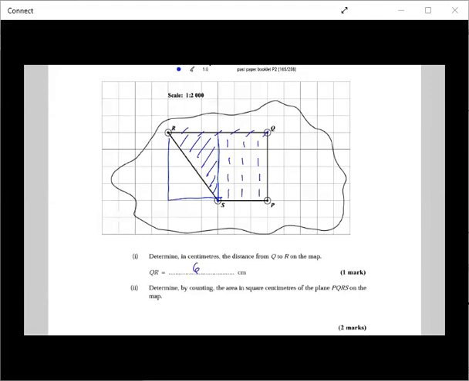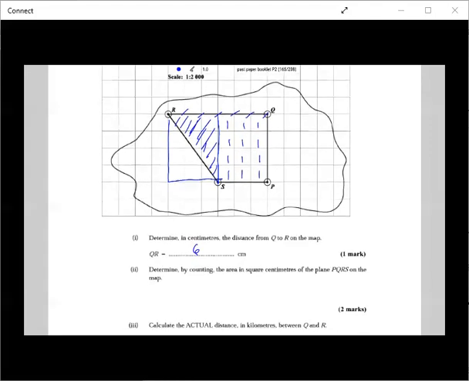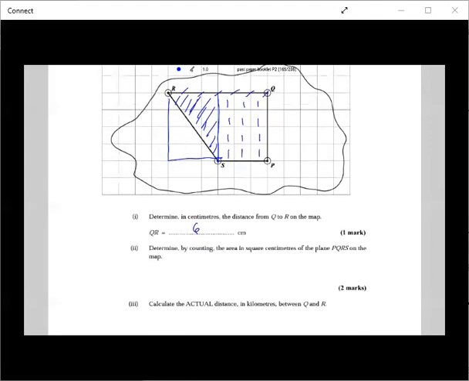And since I just drew one straight line across it, if the entire thing is 12, this shaded piece here must be 6. So if I'm to determine by counting the area in square centimeters of PQRS, the area of PQRS is 18 square centimeters.